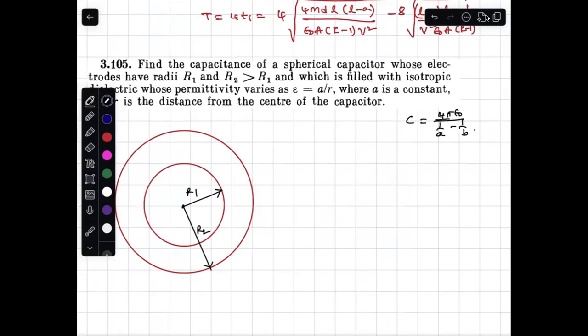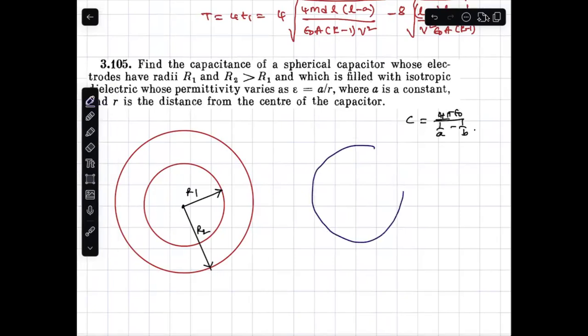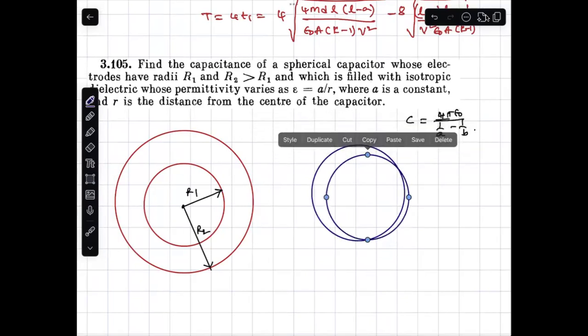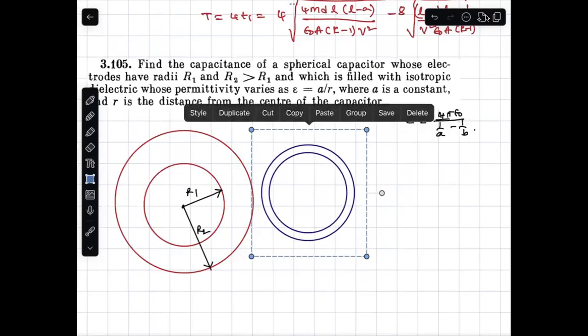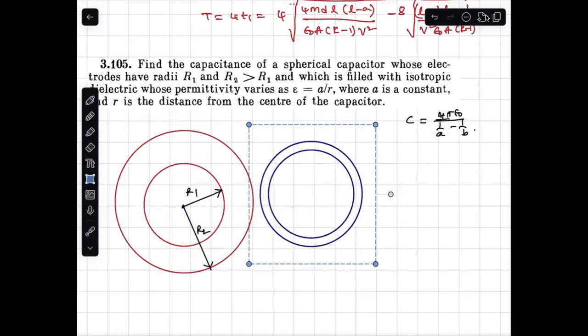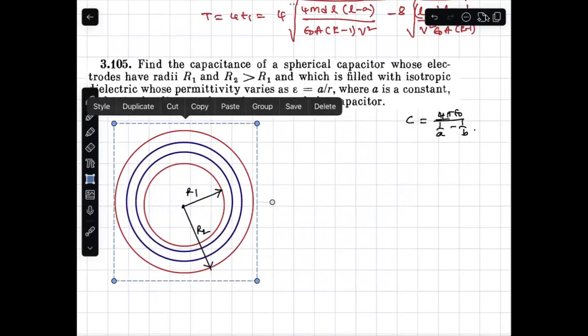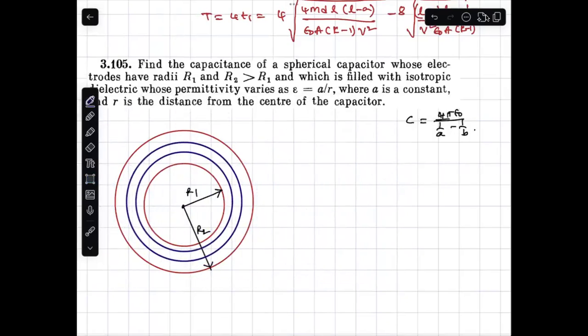Now you imagine this one is of radius r and this one is of radius r plus dr. And you have filled something in this.